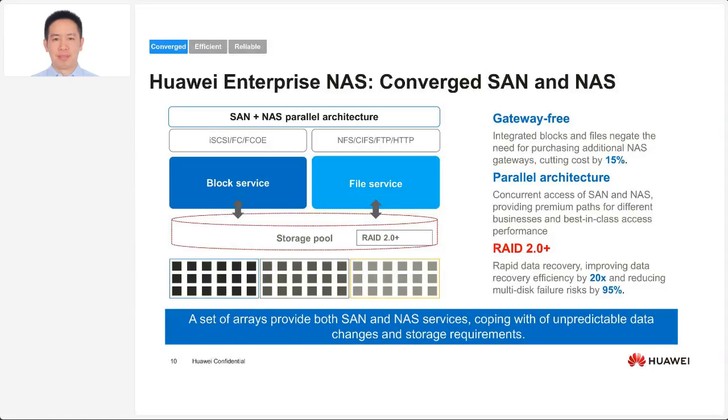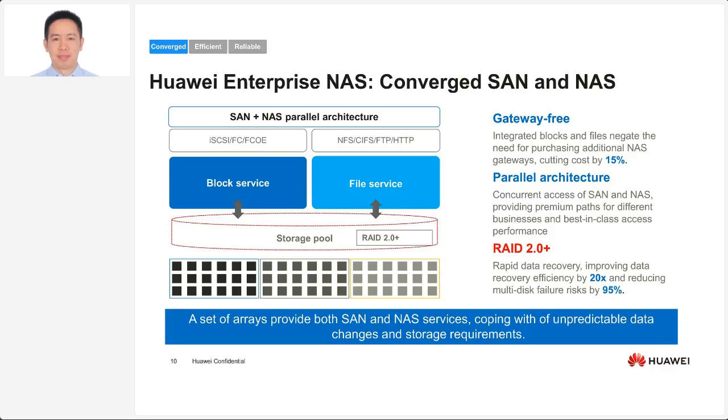And now we're talking about the convergent system, and what advantage it has. Previously, you have probably heard a lot of vendors say they need a gateway system for the file system, which we call NAS. Huawei is offering a gateway-free solution, cutting the cost by 50%, because it does not need an additional NAS gateway or additional hardware for the system.